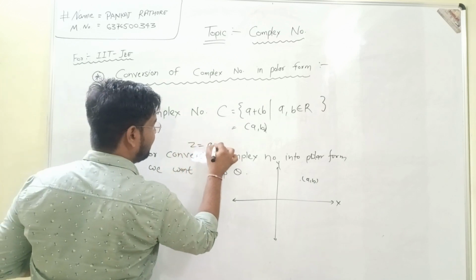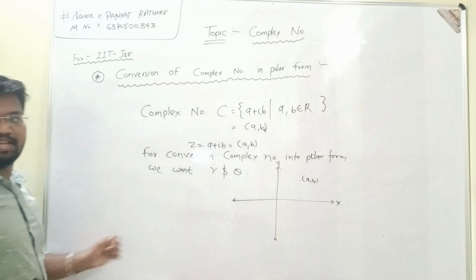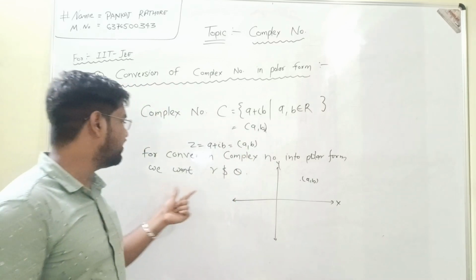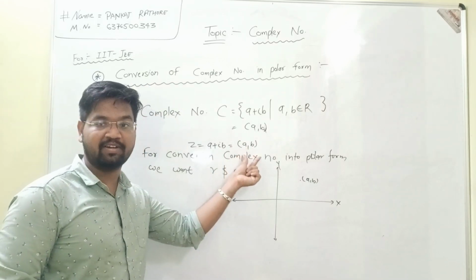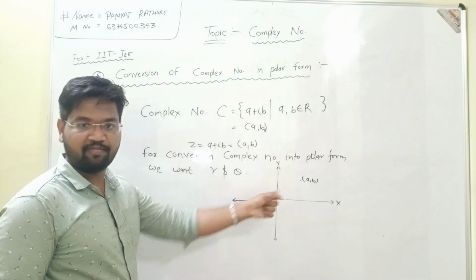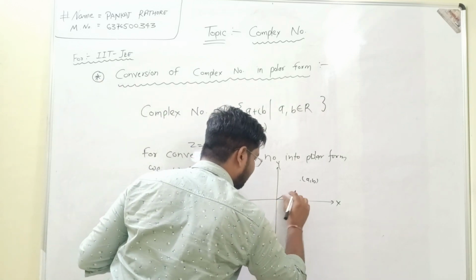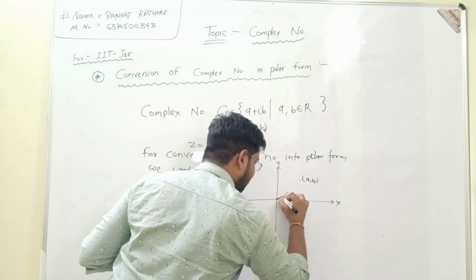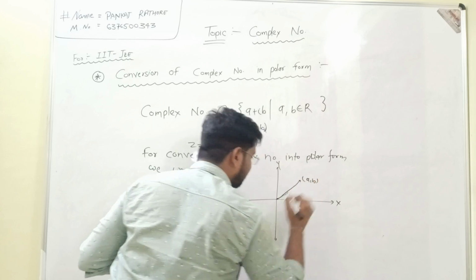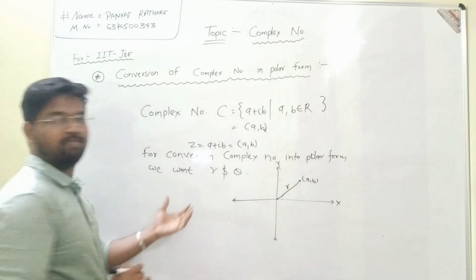Z equal to a plus iota b equal to (a, b). Then how can we find the r for this number? So r is the distance of the point from the origin. This is the r for the complex number.